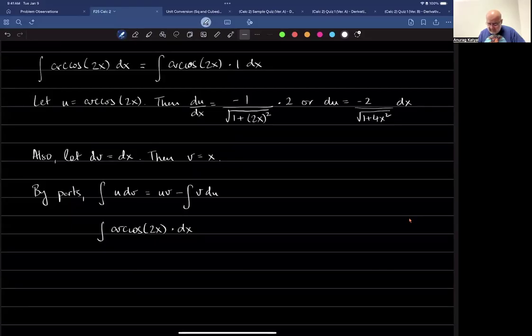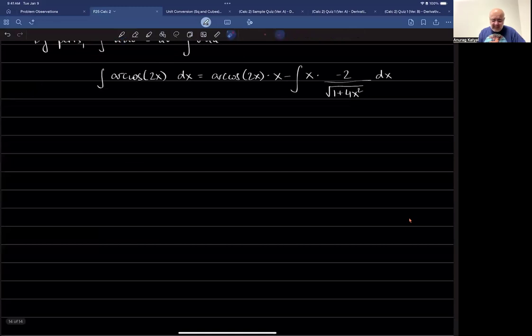I need a times there, equals u, arc cosine of 2x, v, which is x, minus antiderivative of v, which is x, times du. du is this big guy up here, -2 over square root of 1 plus 4x, the quantity squared, dx. So what parts has allowed us to do is say, I don't know how to solve this problem.